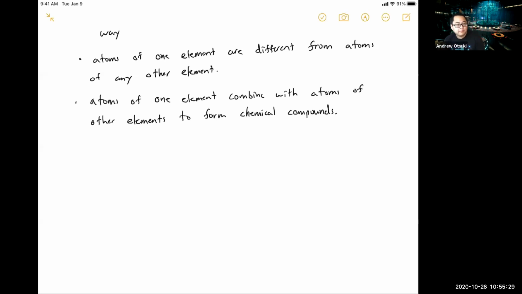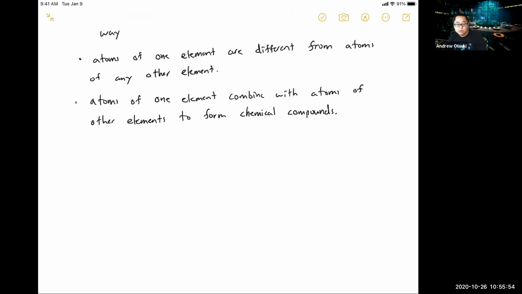When we say they're not divisible, atoms cannot be created nor destroyed, and all atoms of any given element have the same properties. They are the same in every way, including mass. But atoms of different elements will have different masses because they're unique.